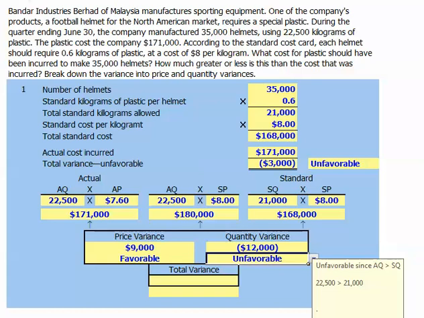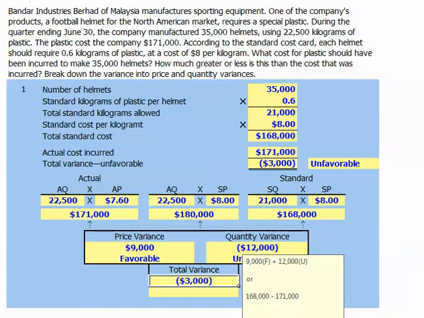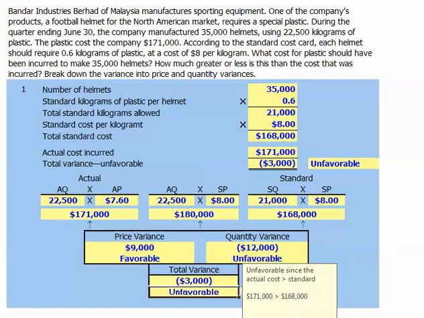Finally, we can again combine our price variance and our quantity variance to obtain our total variance, which we had calculated earlier, and it was $3,000. This can be the sum of the $9,000 favorable variance and the $12,000 unfavorable variance, or simply the difference between our actual cost of $171,000 and our standard cost of $168,000. And again, since our actual cost is greater than standard, we have an unfavorable total variance.